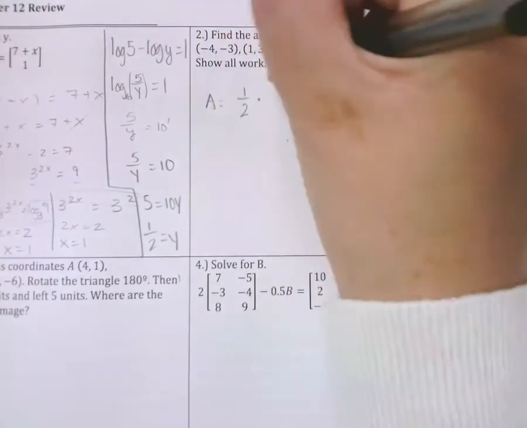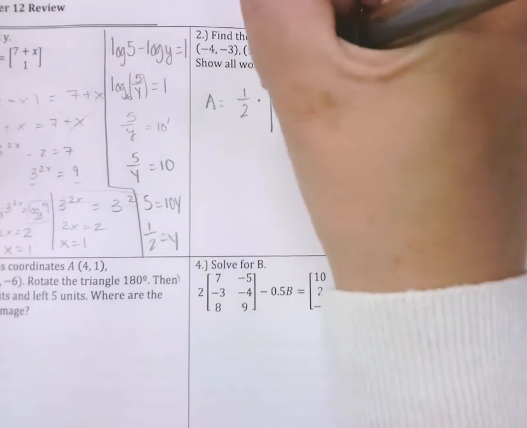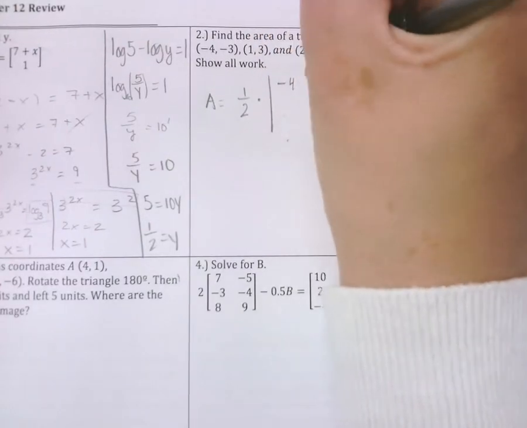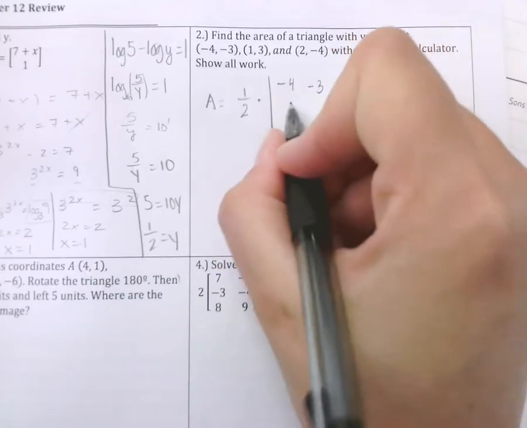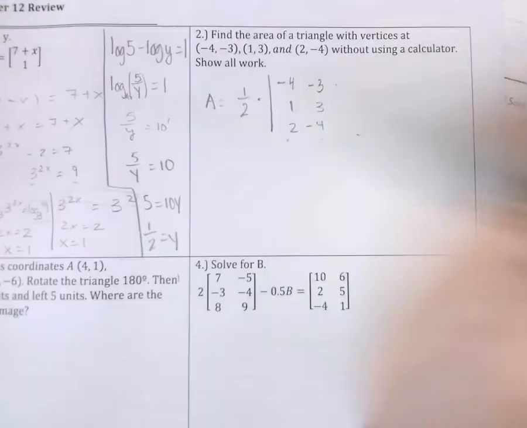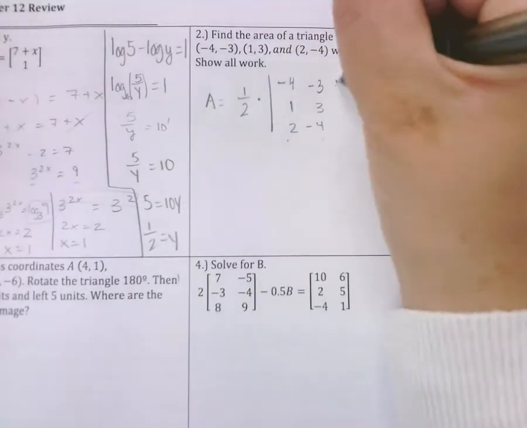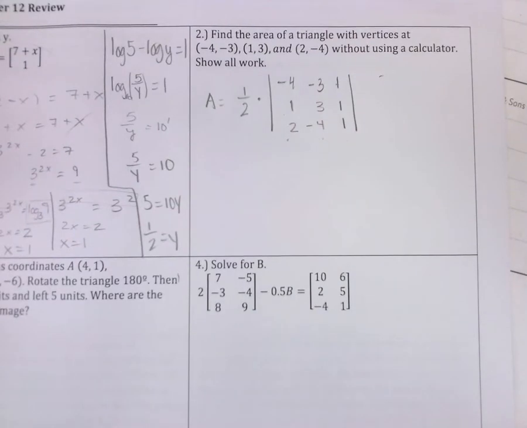It's 1/2 times, put the x and the y next to each other, and then the rest of them in the same kind of order. And then you're going to fill in the last column with 1s, and you're going to find the determinant of that matrix.